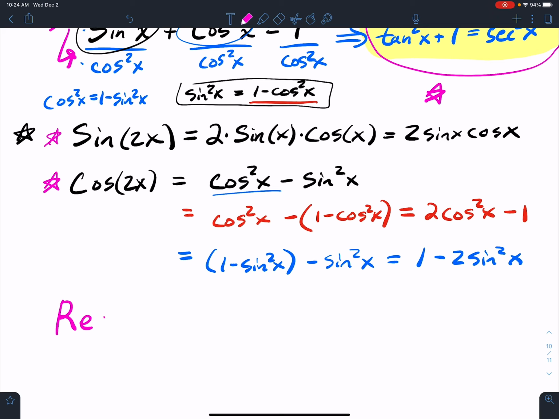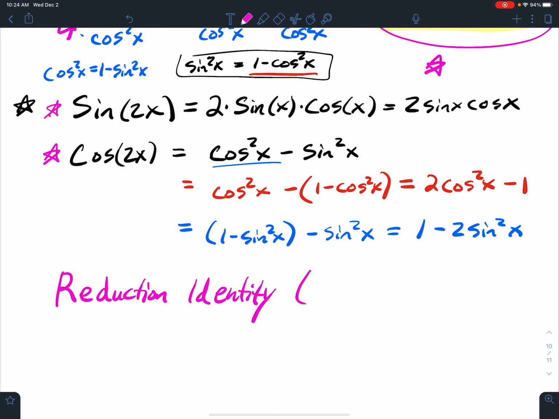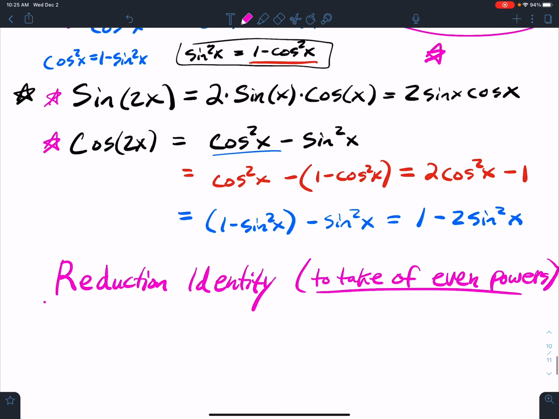So the reduction identity is to take care of even powers of sine and cosine. Now, what do we think of when we think of reduction? We think we're making it smaller, okay?